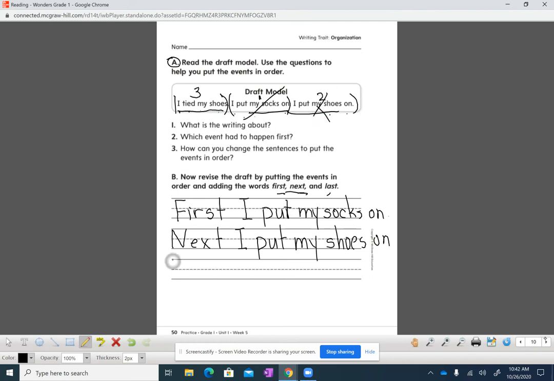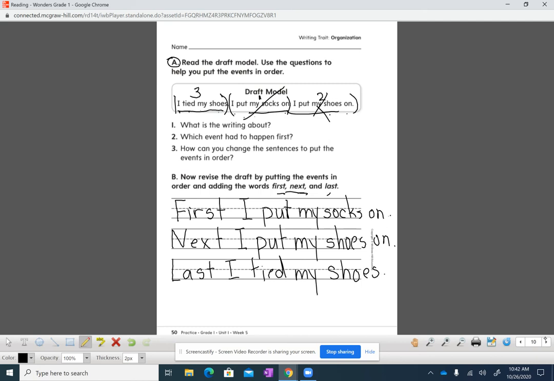And then last, I tied my shoes. Okay, make sure they each have a period at the end.